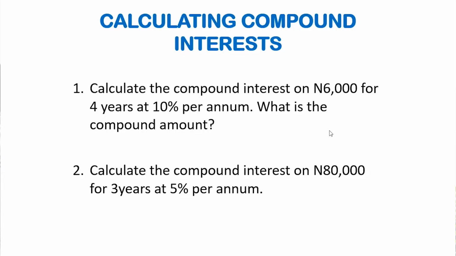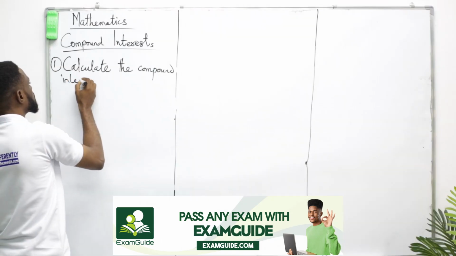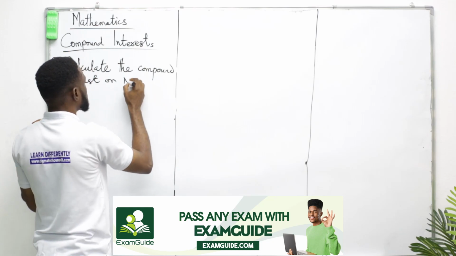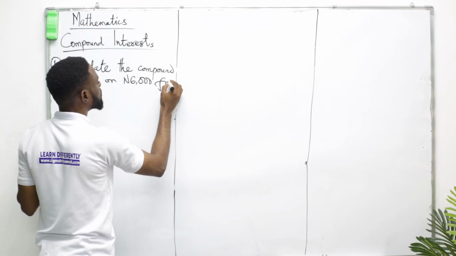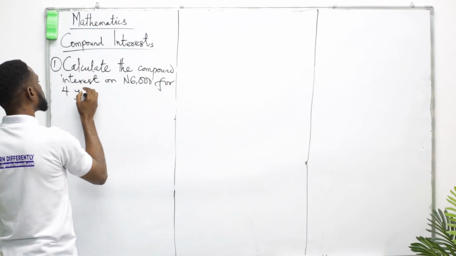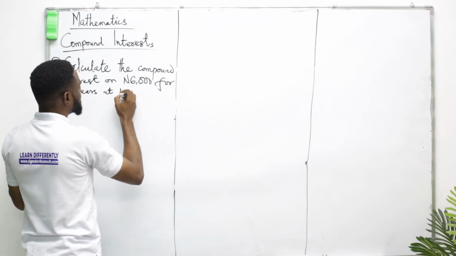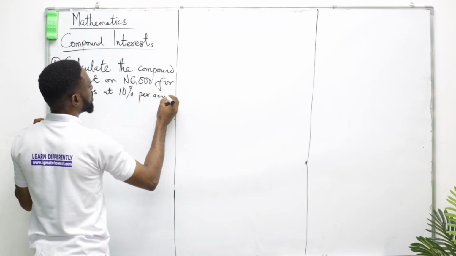That question says, calculate the compound interest on 6,000 naira for 4 years at 10% per annum. And we know that per annum means per year.